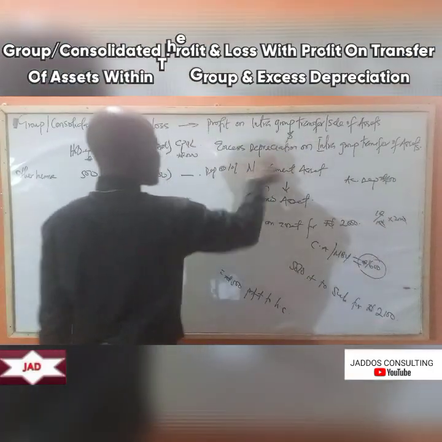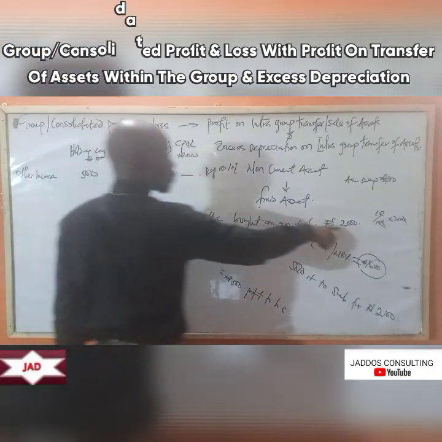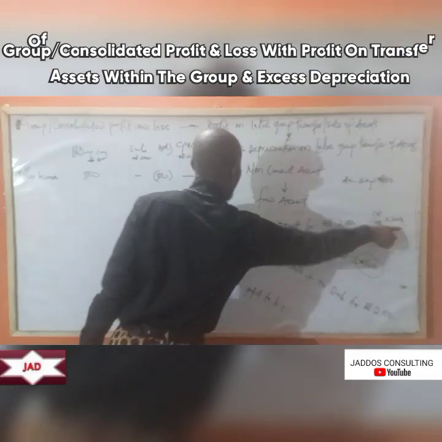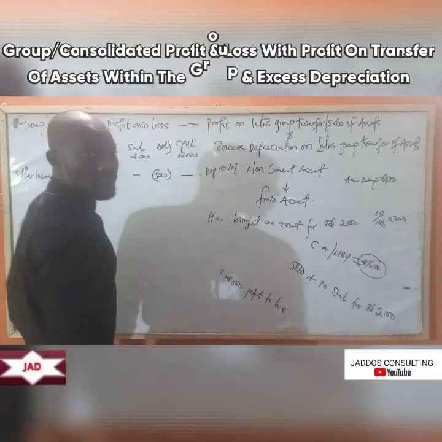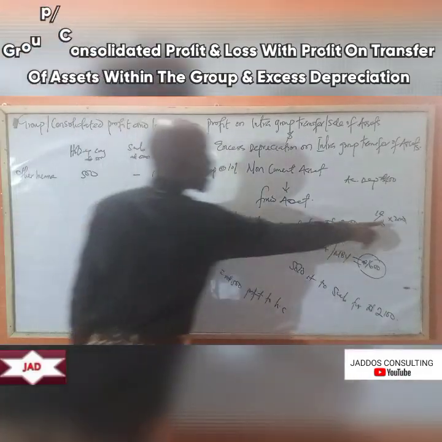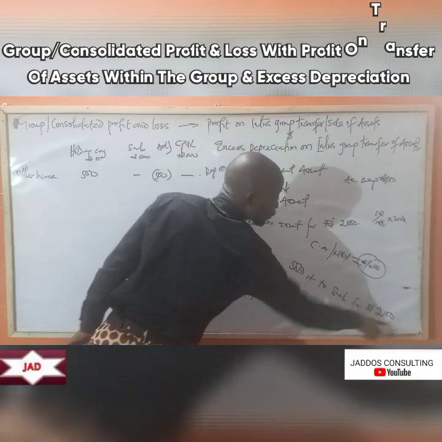But now, what is excess depreciation? Remember that to the holding company, they bought the asset for 2,000, and they've been applying 10% every year, so it's 200 naira per year. But by the time it goes to the subsidiary, it's now 2,100.